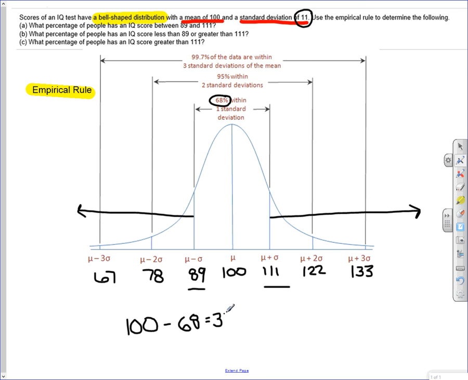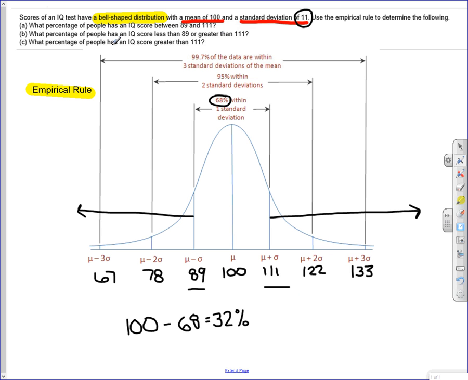So 32% of people fall outside of that one standard deviation range. We could also think of that as the complement rule, which comes up in chapters 5 and 6, where we're just looking at opposites. The opposite of being within one standard deviation is being not within one standard deviation. So 32% would be the answer here.